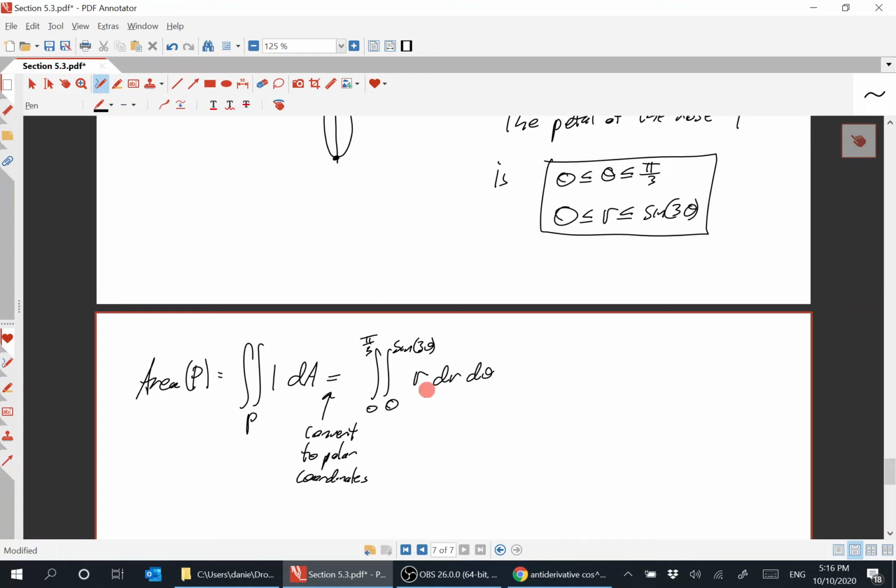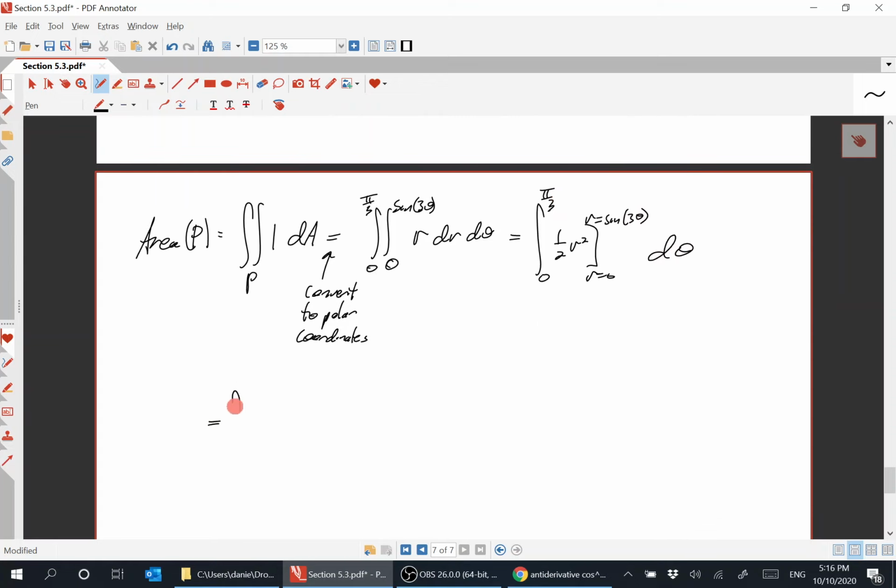So the antiderivative in terms of r is 1/2 r squared, from r equals 0 to r equals sine 3 theta, d theta. So this is equal to the integral from 0 to pi over 3 of 1/2 sine squared 3 theta minus 0 d theta. Double angle formula: sine squared x is 1/2 times 1 minus cosine 2x.